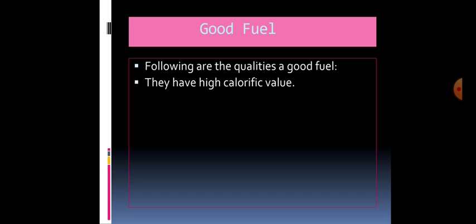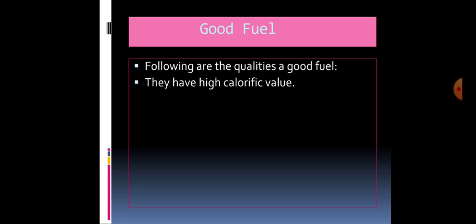Calorific value is the amount of heat produced when one unit of any substance is burned. In simple language, it is how much heat or energy is produced when you burn 1 kg of wood. Let's take an example. You take 1 kilo of wood and 1 kilo of paper and burn them.